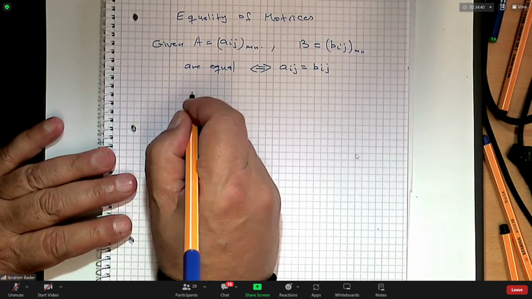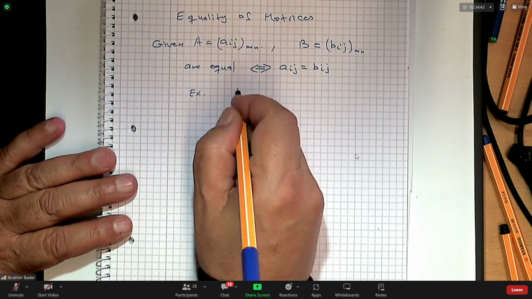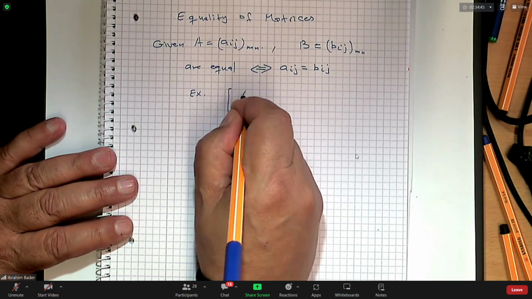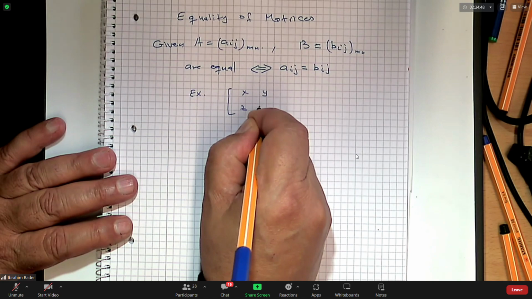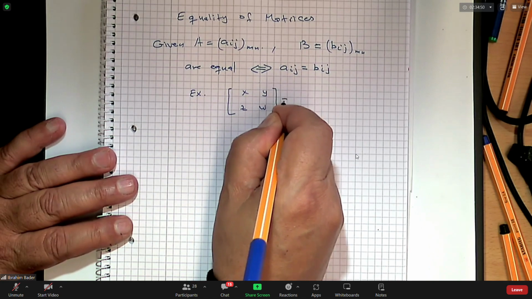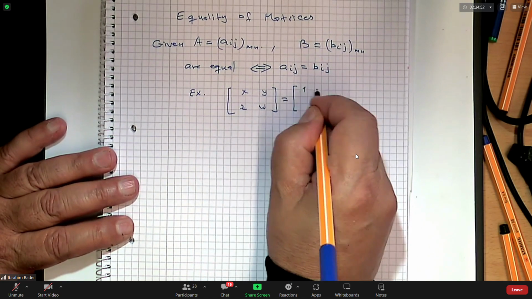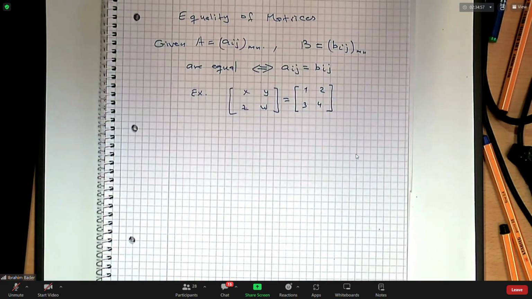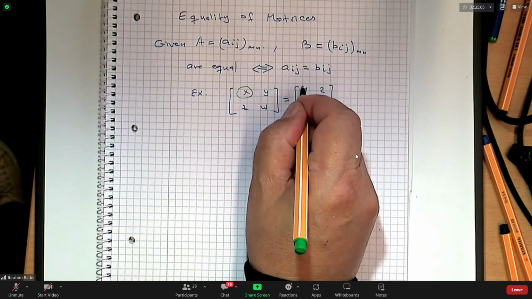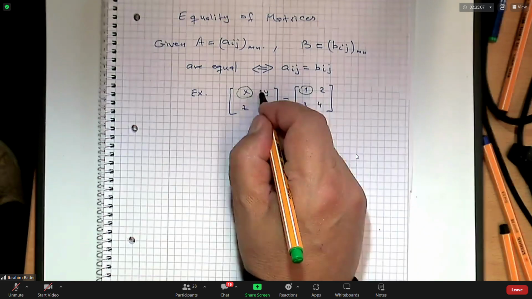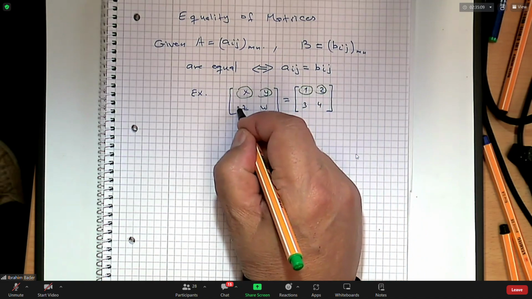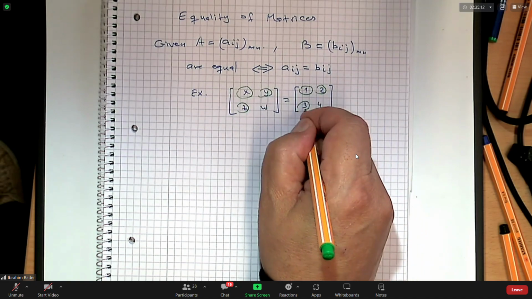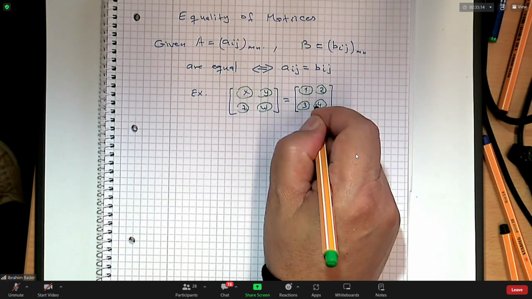So for example, if you have the matrix x, y, z, w equal to, let's say, 1, 2, 3, 4. That means position 1,1 equals position 1,1. Position 1,2 equals position 1,2. Position 2,1 equals position 2,1. Position 2,2 equals position 2,2.